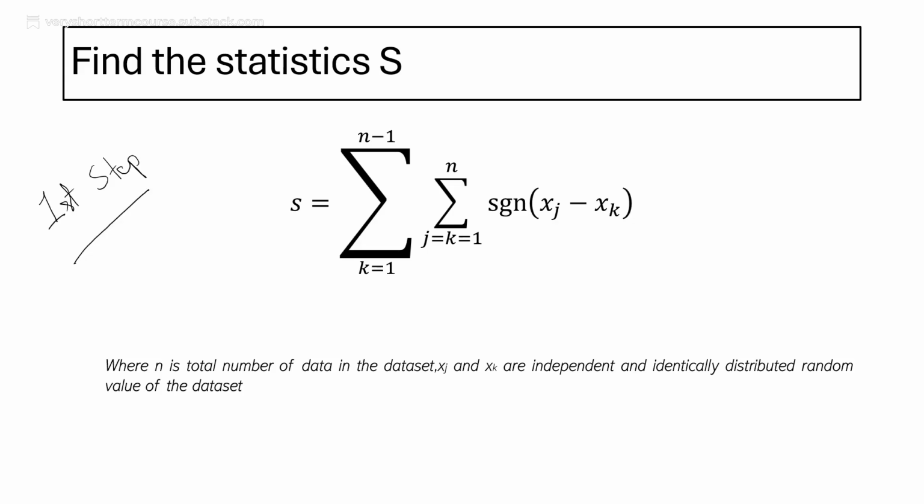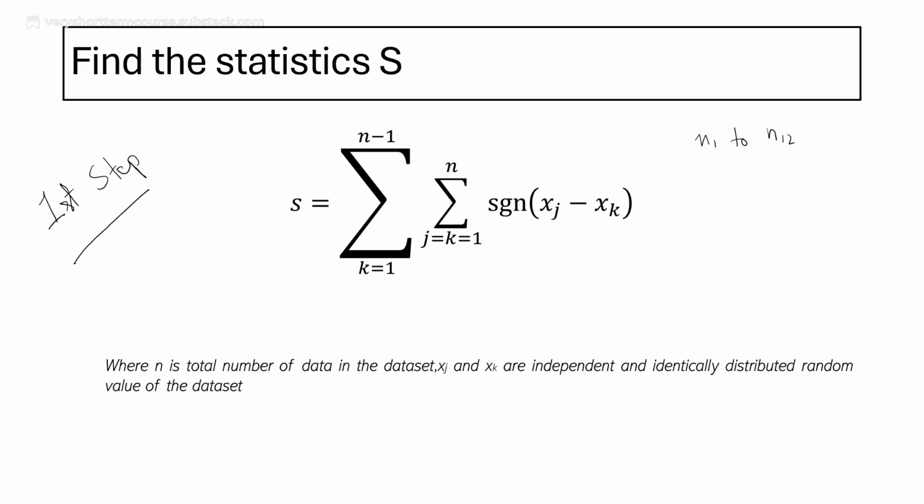Here, what we try to find is, in a group of data, that means a data set, suppose we have a group of data. Let us name it N1 to N12. So we have a total of 12 data, right?